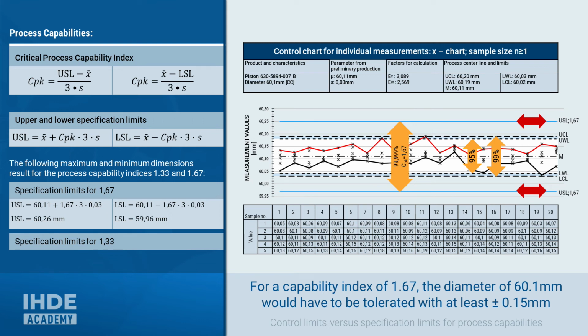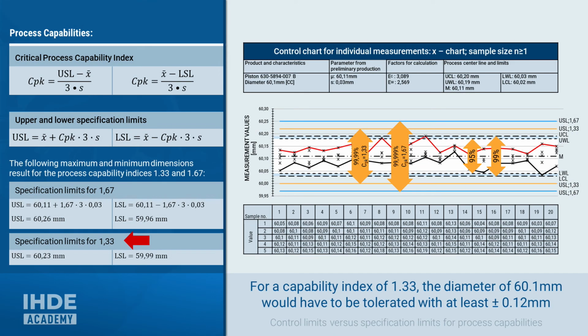With a process capability of 1.67, at least 99.999% of all values will probably be within the specification limits. If you calculate the specification limits for a process capability of just 1.33 in the same way, you get a value of 60.23 and 59.99 mm for the upper and lower specification limits respectively.